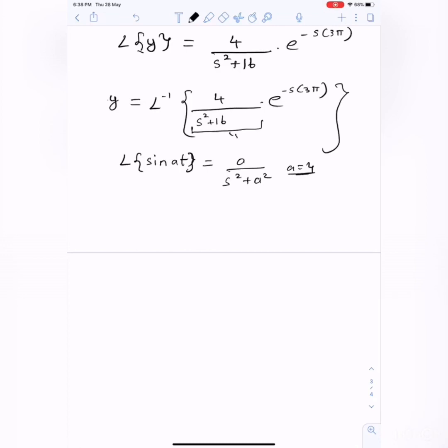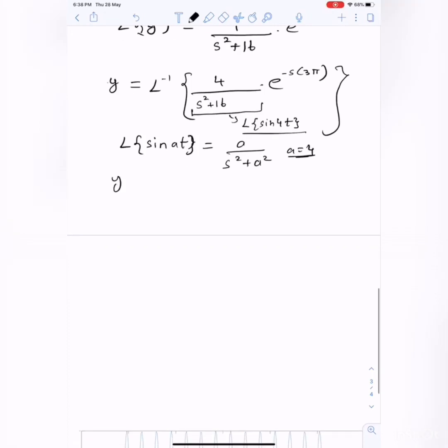This part here is nothing but the Laplace of sine of 4t. Okay, so our y is nothing but the Laplace inverse of Laplace of sine of 4t times e to the power minus s times 3 pi.